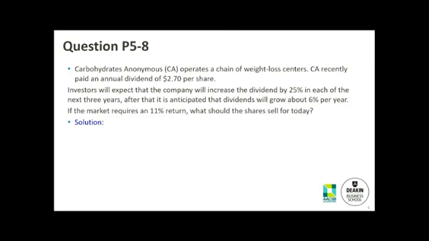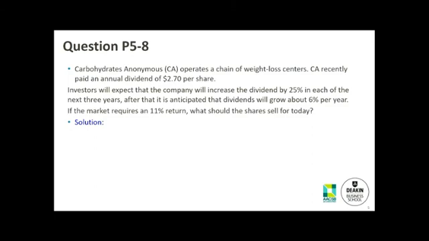That is D0, am I right? So write down D0, $2.70. Now the next bit is a little bit challenging. Investors expect the company will increase the dividend by 25% in each of the next 3 years.